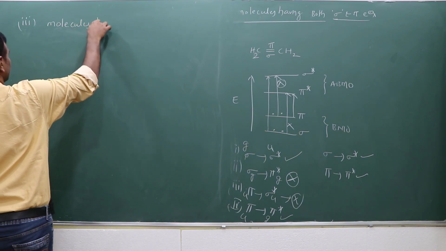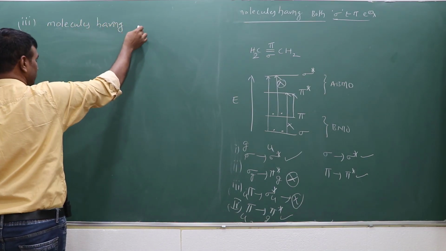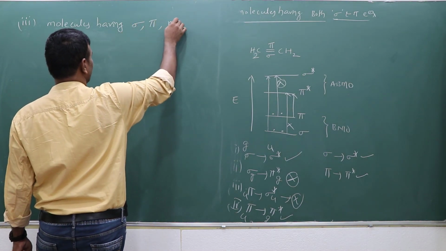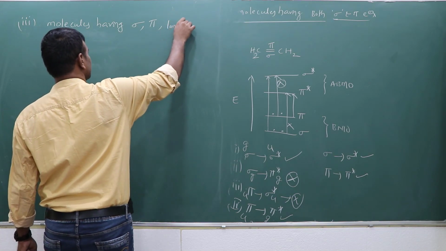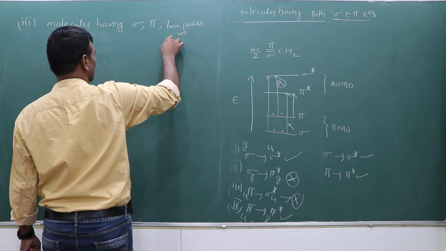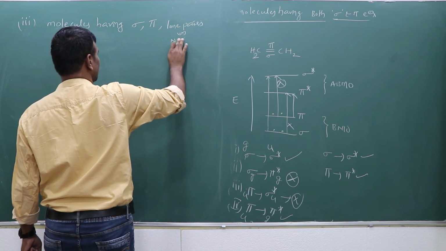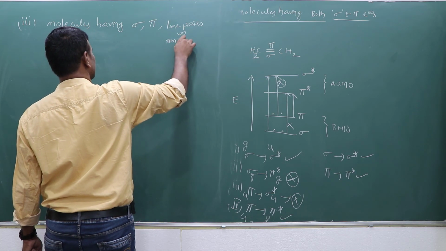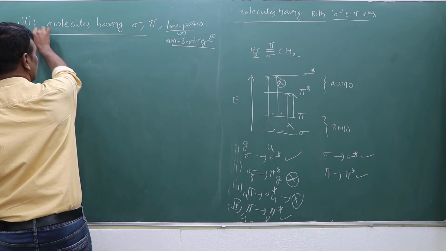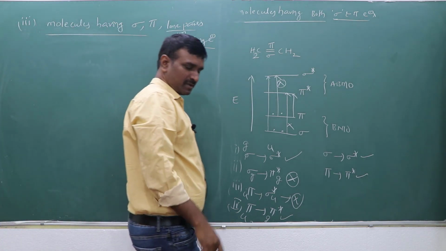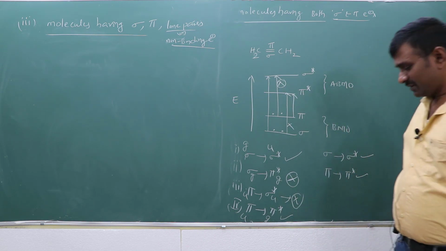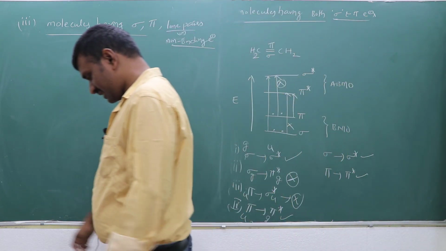Molecules having sigma, pi and non-bonding or lone pair electrons. A lone pair is one which does not participate in the bonding. So the molecule has sigma, pi and lone pair electrons.